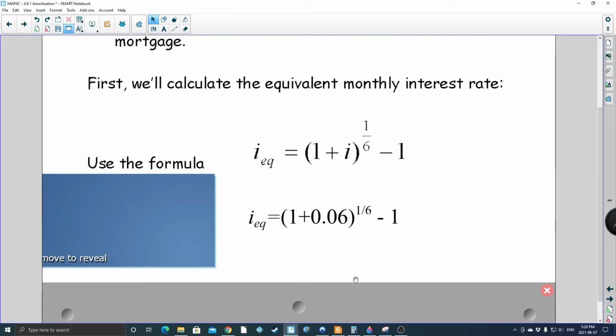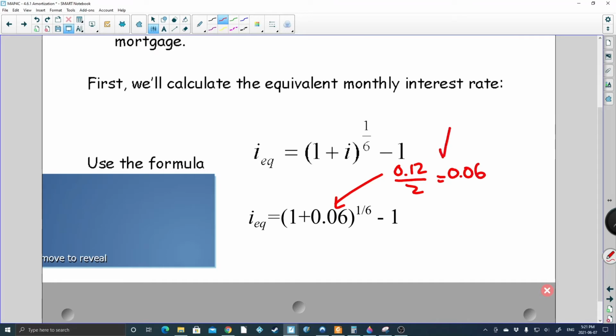Okay, so this here is the semi-annual interest rate. So what do I mean by that? This number right here comes from 12% divided by 2, which is 0.06.